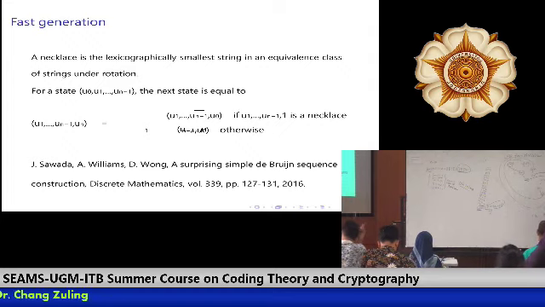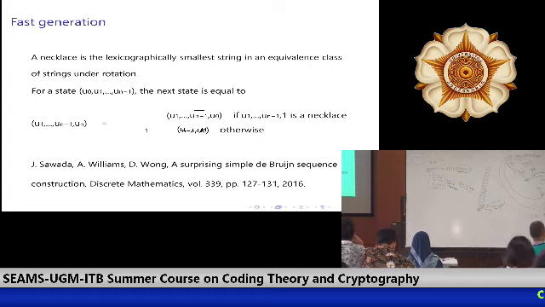Then this UN can be U0 bar or U0. U0 bar if U1 to UN minus 1 is a necklace, the least one. And otherwise, we can just take the rotation. At this time, we just omit the proof because of the time.